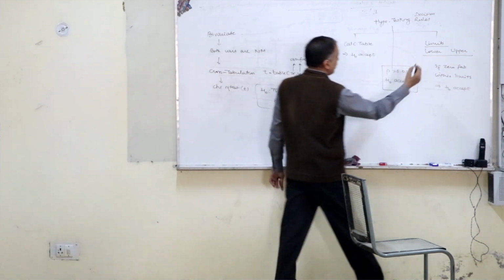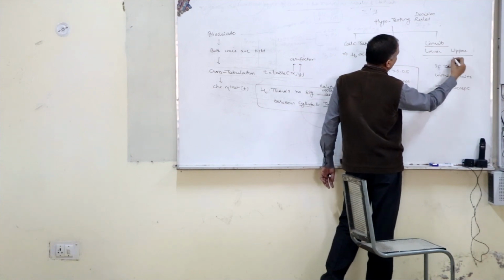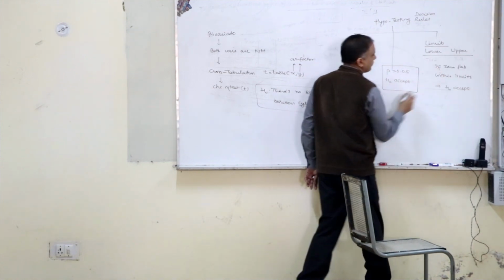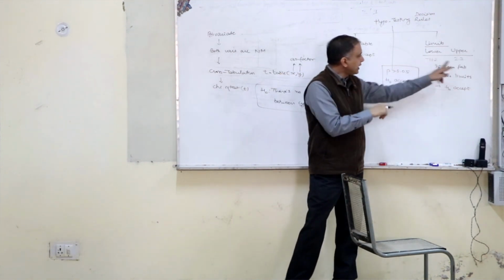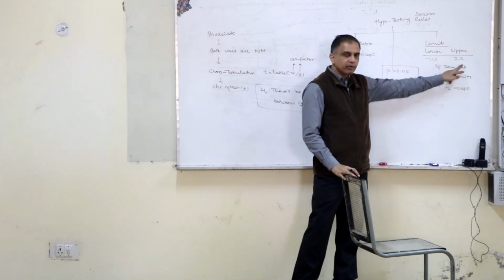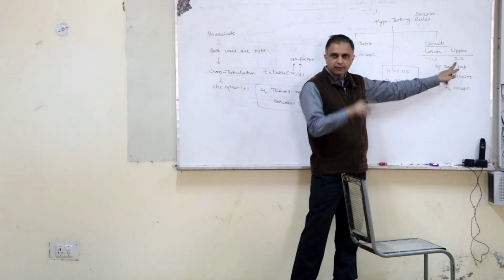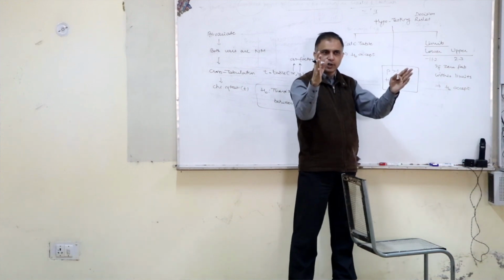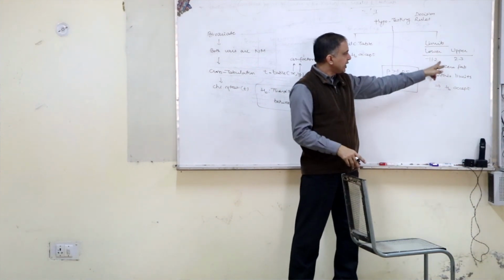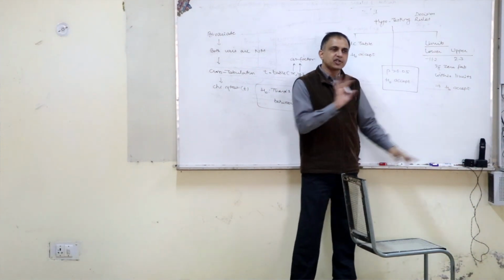For example, we get limits like minus 11.2 and 2.3. If I put it on an x-axis, will 0 fall between these two? If 0 falls between the limits, the null hypothesis is accepted.